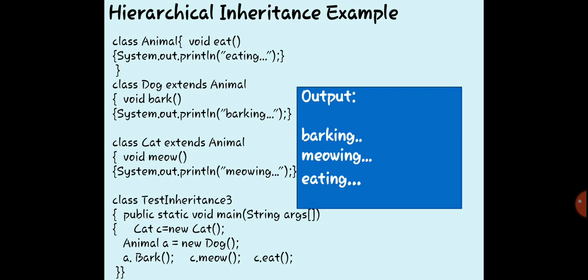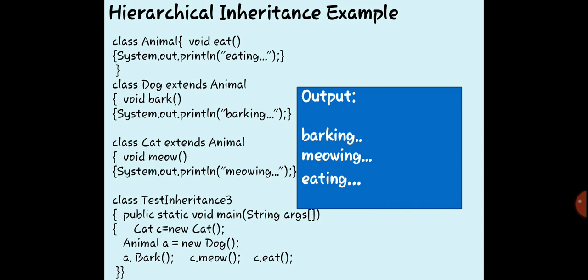If we want to access Cat's method, we have to create an object for Cat. But both the objects can invoke Animal's members, because that is the base class, that's the connection.